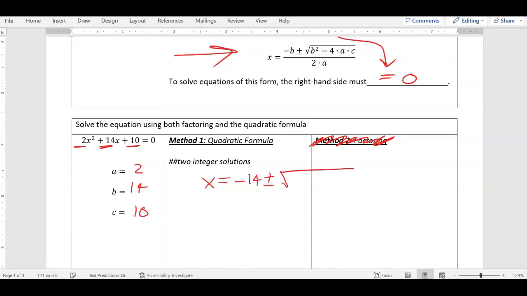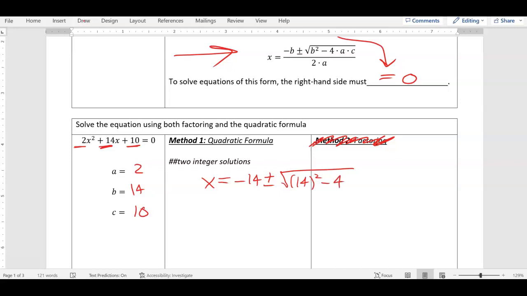square root. B squared is going to be what squared? What's my b? 14, right? So it's going to be 14 squared. And then it says minus 4ac. So go ahead and put minus 4.